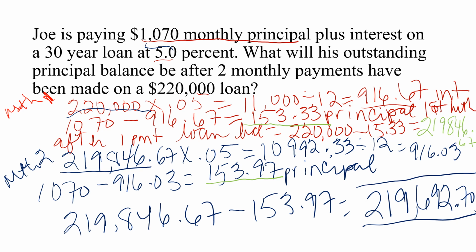So after 2 monthly payments have been made, my outstanding principal balance is $219,692.70.